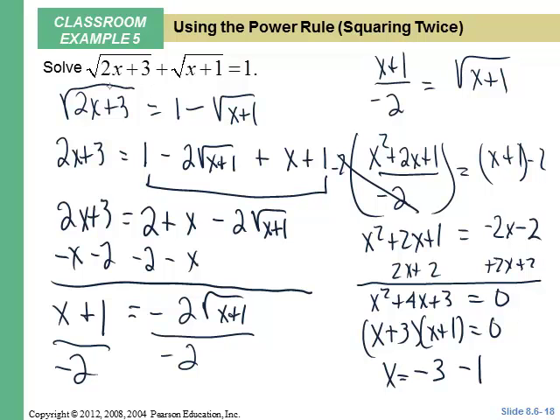Try negative 3. 2 times negative 3 is negative 6, plus 3 is the square root of negative 3, which isn't going to work. How about 2 times negative 1 is negative 4.